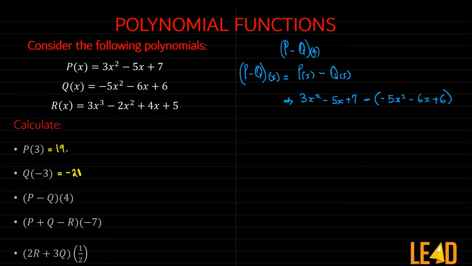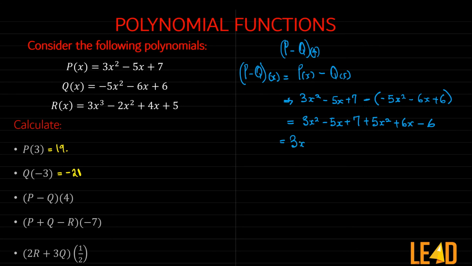Sorry, I'm just checking my numbers. My numbers are good. So I have 3x squared minus 5x plus 7. I would use a negative sign to multiply through. So I would have plus 5x squared plus 6x minus 6. My next move would be I would arrange them. So I would pick out my x squared first, basically collecting like terms.